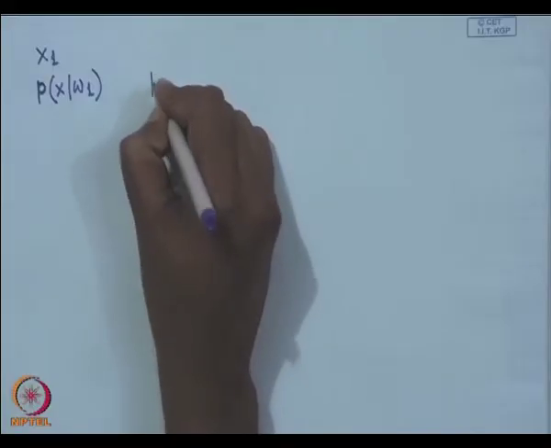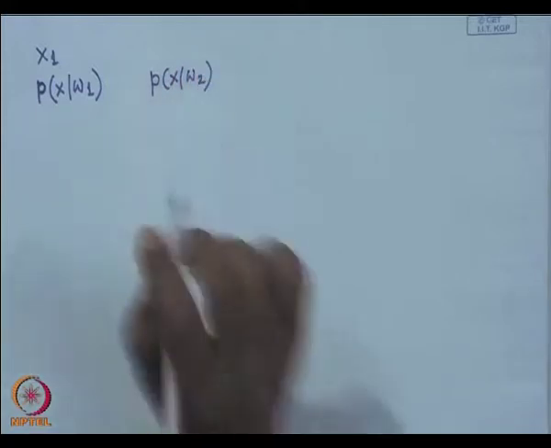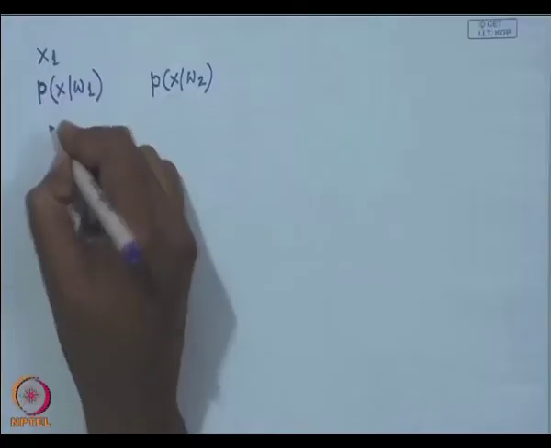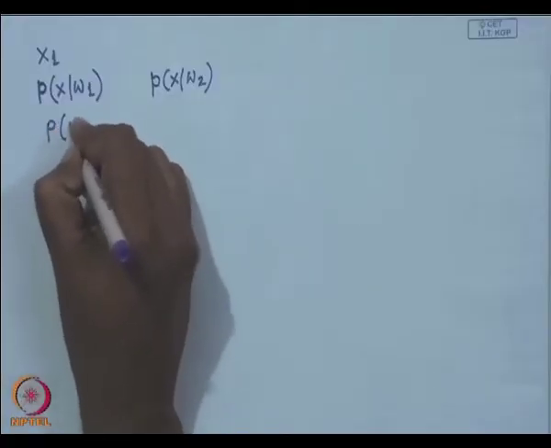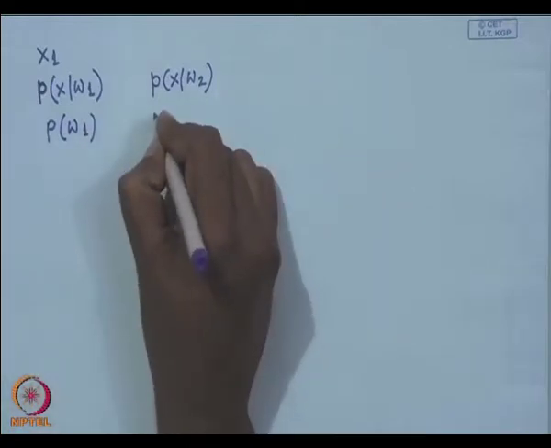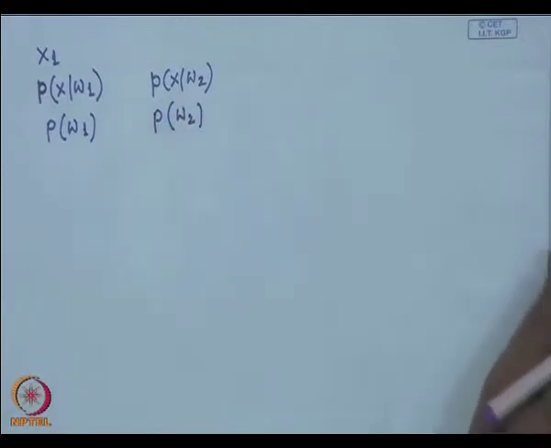I also know the class conditional probability p of x given omega 2. And it is also assumed that I know the a priori probabilities of the classes: p of omega 1, the a priori probability of class omega 1, and p of omega 2, the a priori probability of class omega 2.